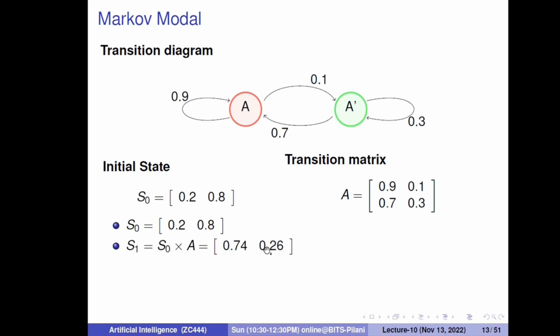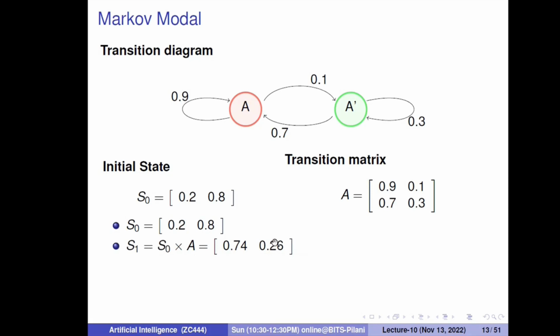You see that 0.2 multiplied by 0.9 plus 0.8 multiplied by 0.7 gives 0.74. How many people are leaving? 0.2 multiplied by 0.1 plus 0.8 multiplied by 0.3 gives 0.26. Understood, sir.